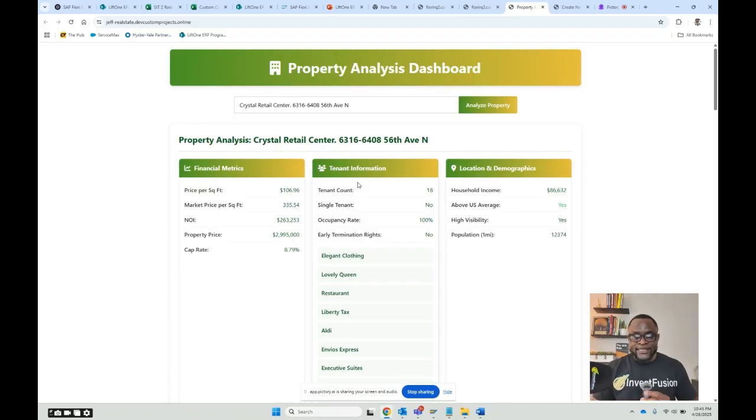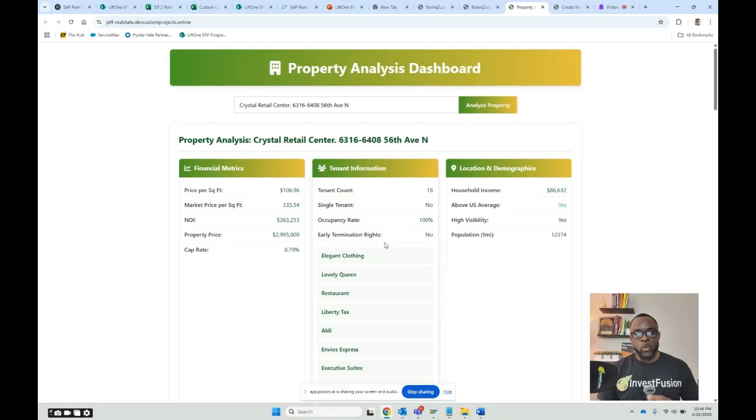Now, it looked at all of the tenants and gives you a tenant count. That means how many tenants are found in the property. So the tenant information looks at all the numbers. Is there any single tenant? It says no. The occupancy rate is 100%, meaning the shopping mall is fully leased. Is there any early termination rights?